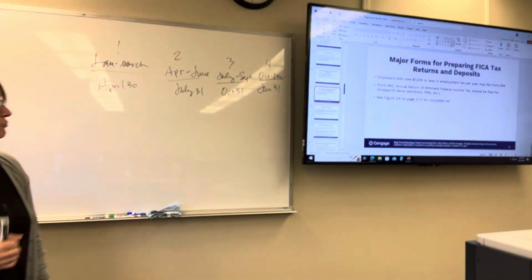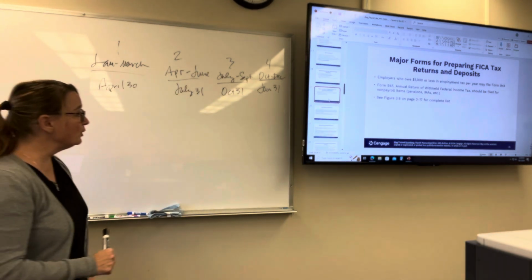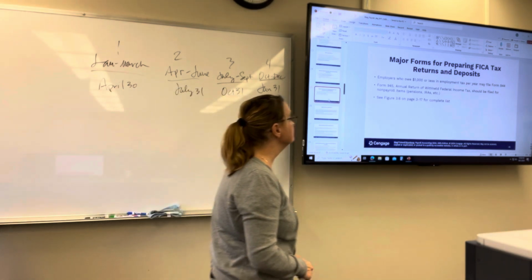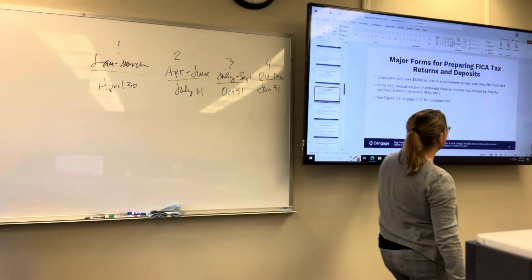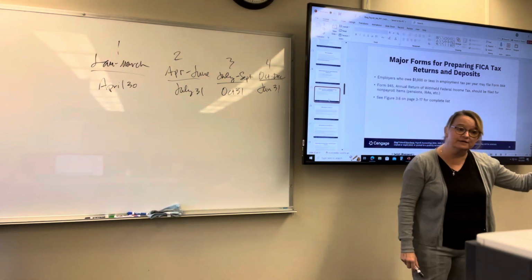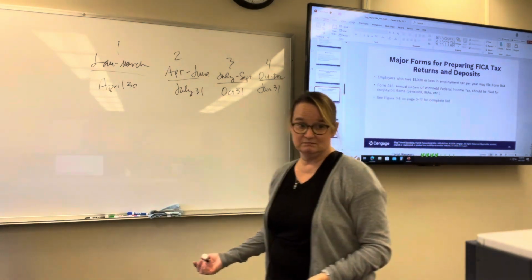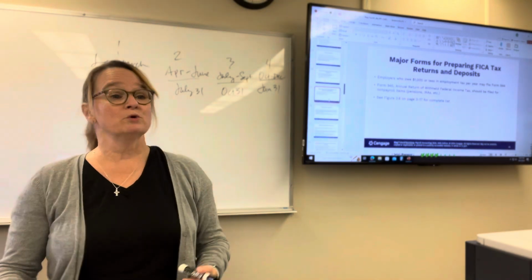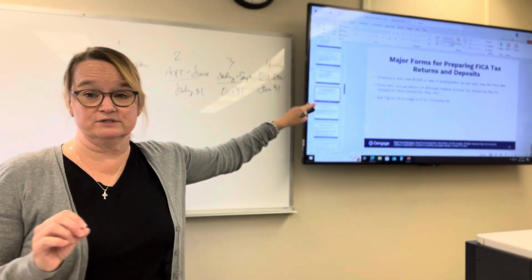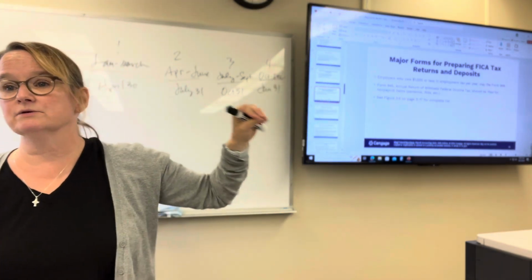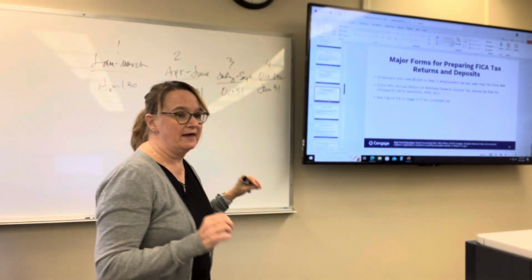So that 941, if an employer owes $1,000 or less in employment tax for the entire year, that means they've not paid very much in wages, right? We're not talking about $1,000 in wages. We're talking about $1,000 in employment taxes, and that would be in total.